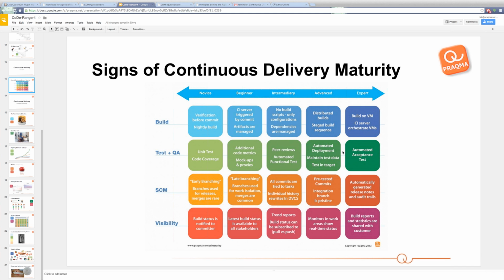Okay, and finally, what are the key things we need for success? The key thing is to have a pipeline approach to verifying your software, and then you want that pipeline to be fast. In the end, what matters most is that we can produce software with a high level of quality fast.